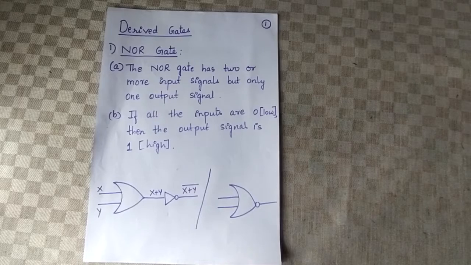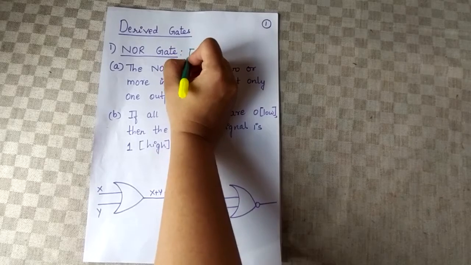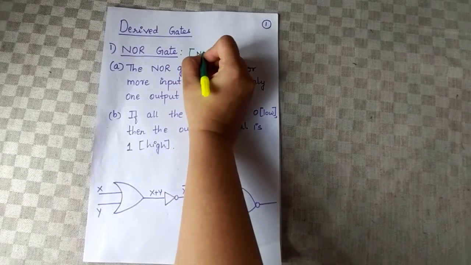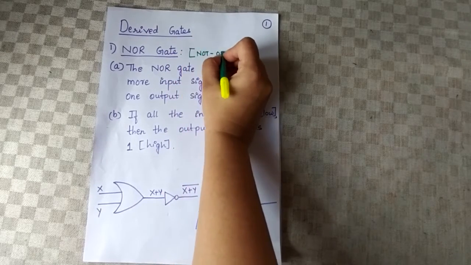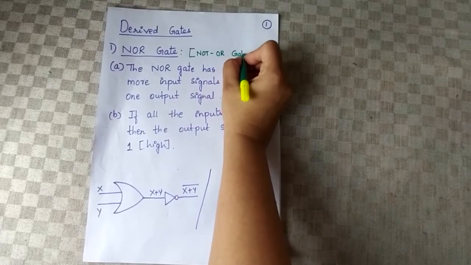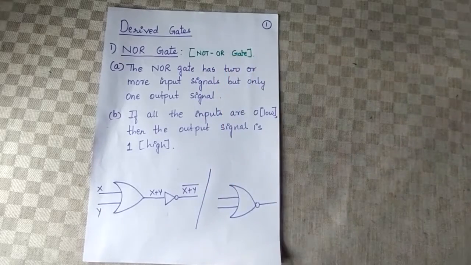Coming to the first one, under derived gates, we have the NOR gate. By the term, you can make out it is nothing but not OR gate. Your NOR gate stands for not OR gate.